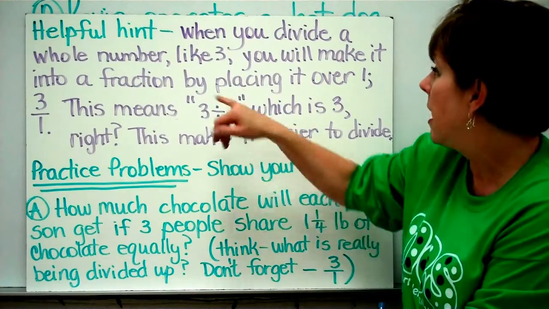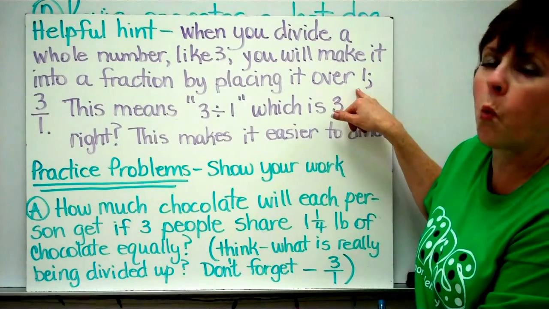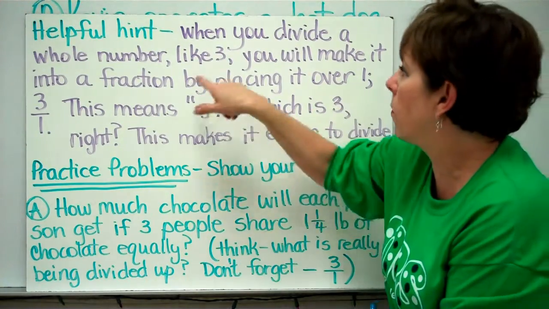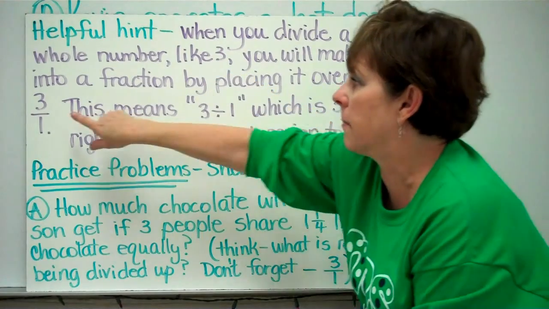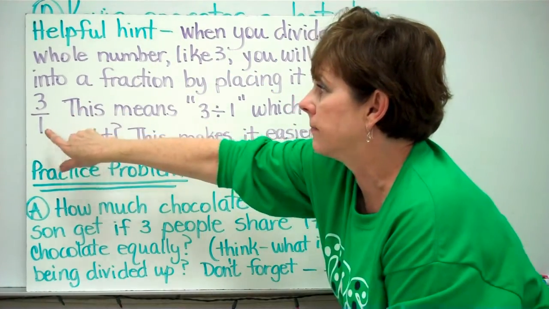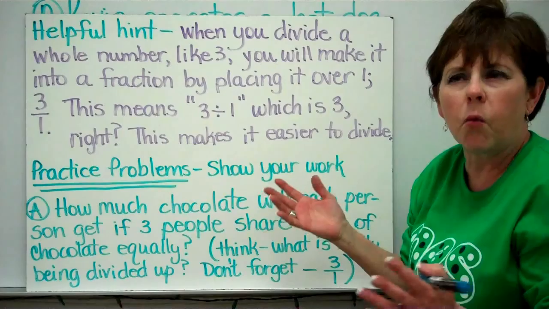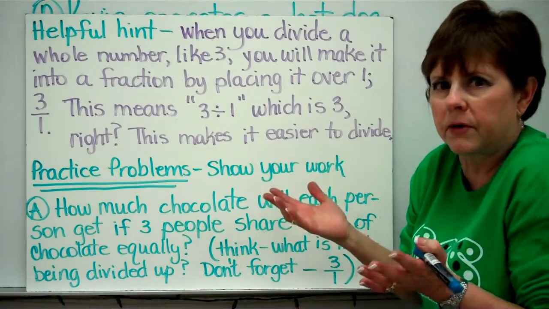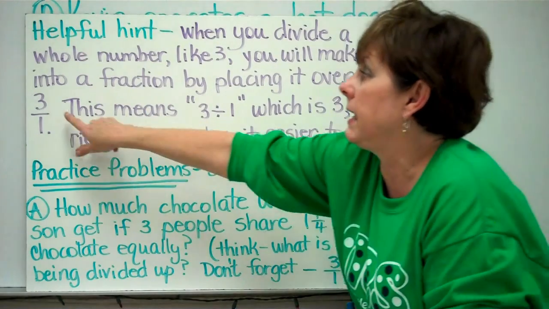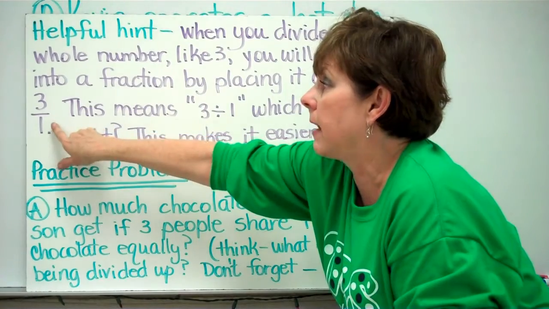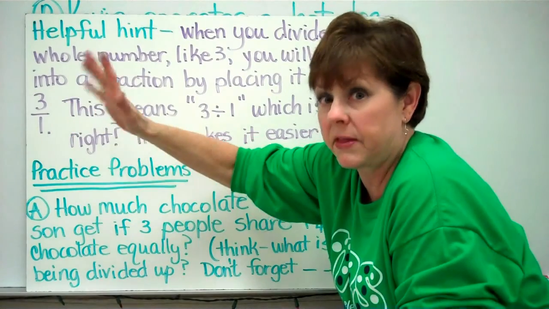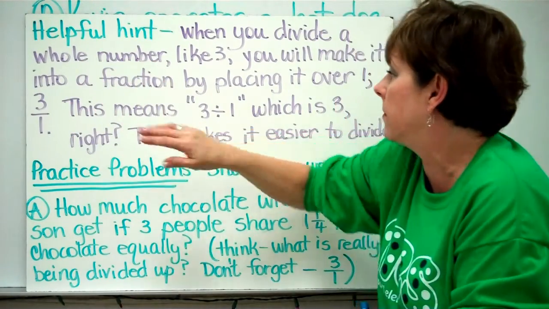How do you do that? You place it over 1. So in other words, if we're saying 3 is our whole number, 3 over 1. And you may say, what? How do you make a whole number into a fraction? This means 3 divided by 1. Remember that fractions can name a division problem.